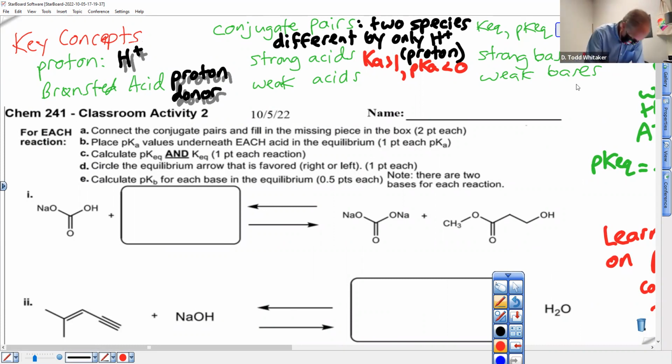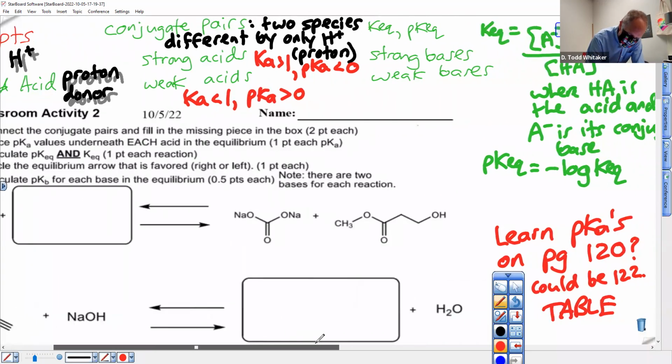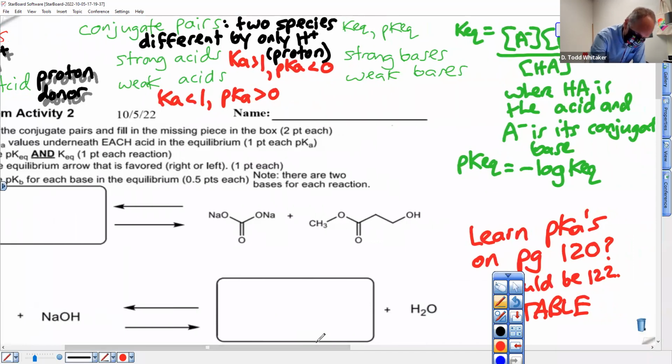So, weak acids, Ka is less than 1, pKa greater than 0. When we talk about bases, we talk about strong base, Kb greater than 1, pKb less than 0.